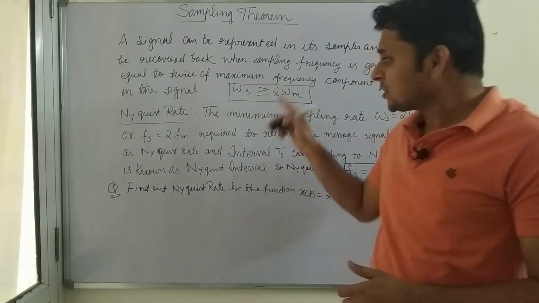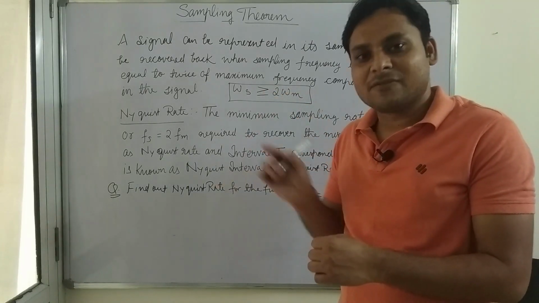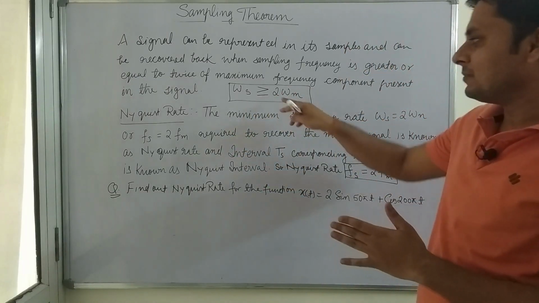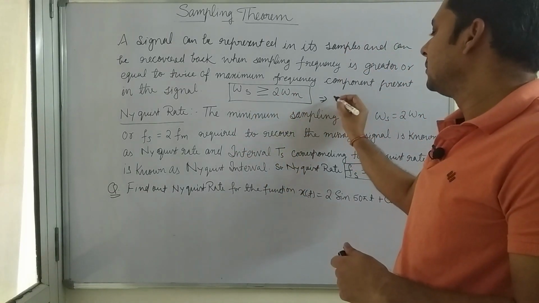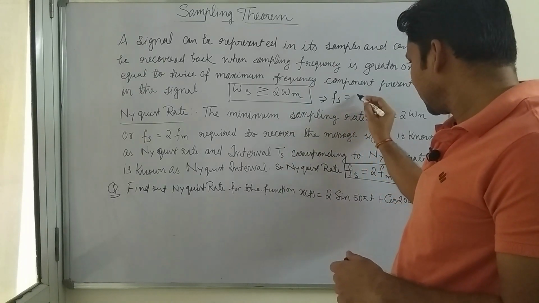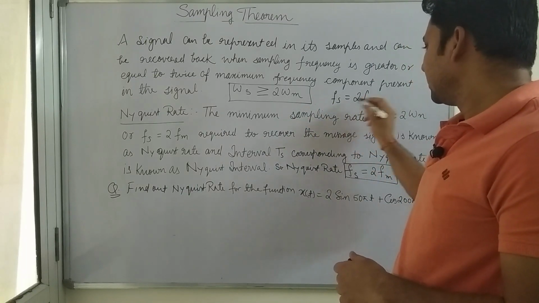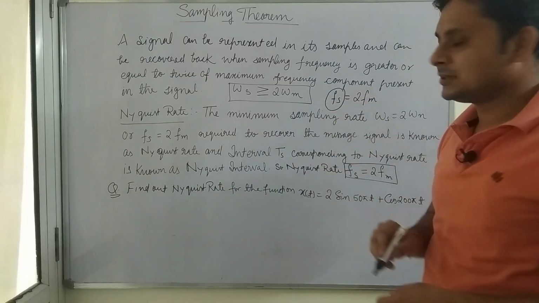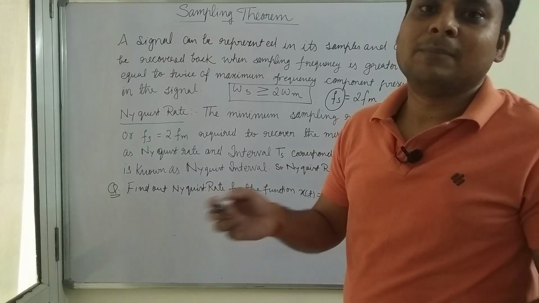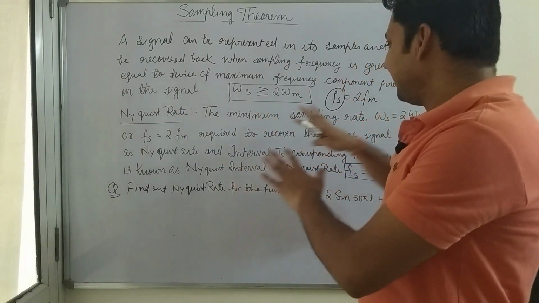Corresponding to this angular frequency omega s, the frequency f s must be equal to 2 f m. So this sampling frequency is the minimum sampling frequency that can be kept in the sampling process. So Nyquist rate is nothing but this frequency.